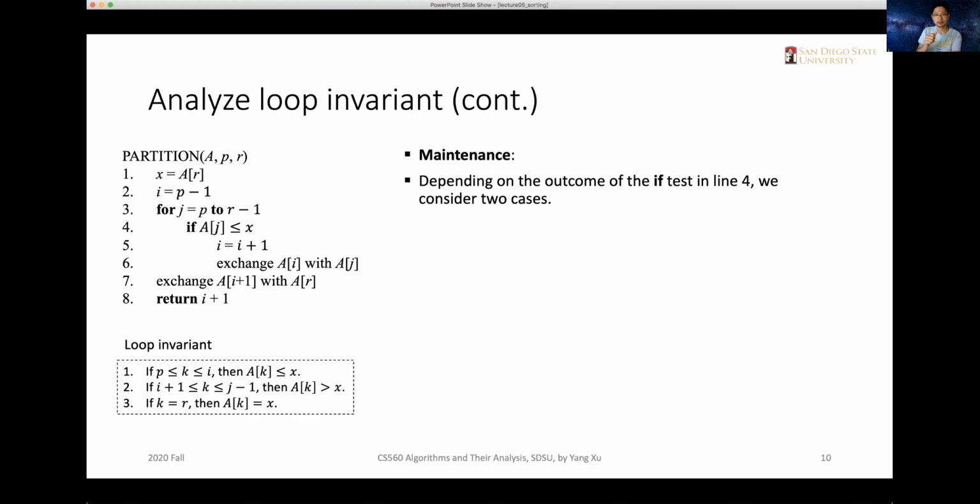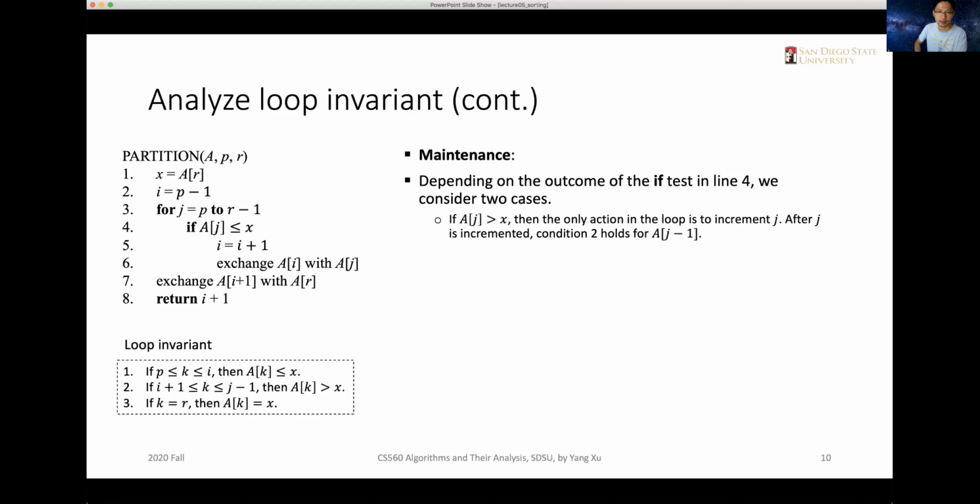The maintenance condition says that in the middle of the for loop, if this loop invariant applies before the iteration, we want to see whether it will remain true after the iteration. That depends on how the if test turns out, right? Within each iteration of the for loop there is an if condition, and its outcome will determine how the array looks.